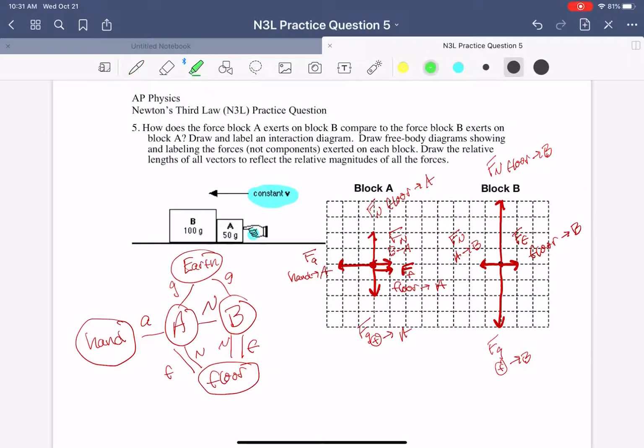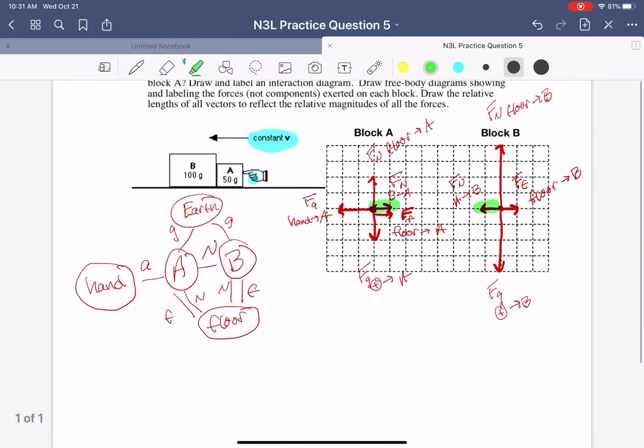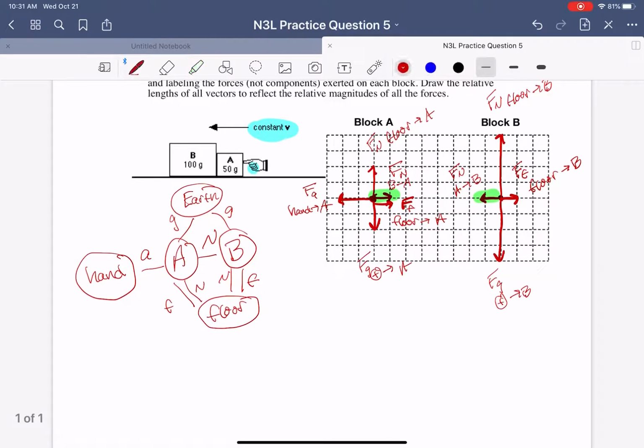So if I want to highlight my force pair, my force of B on A and my force of A on B, you see they're equal in magnitude and opposite in direction. So when we have a force pair, when 2 objects interact, how about if I spell objects right?